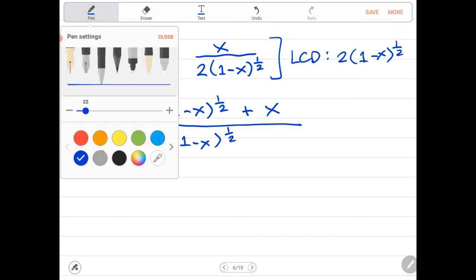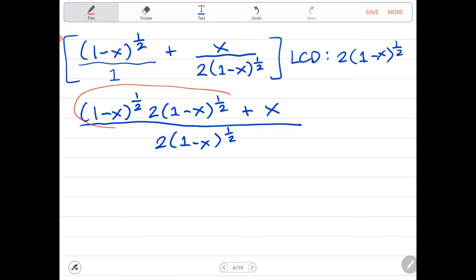If we simplify this, yan, 1 minus x raised to 1 half times 2 multiplied by 1 minus x raised to 1 half, it will become 2 times 1 minus x. Why? What happened to the exponent? Because 1 half plus 1 half is 1. So what is 1 half plus 1 half? 1.